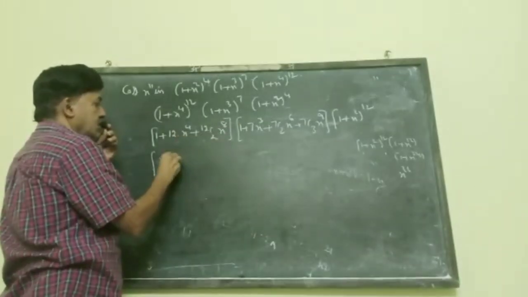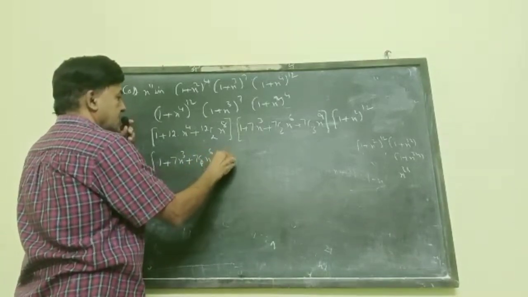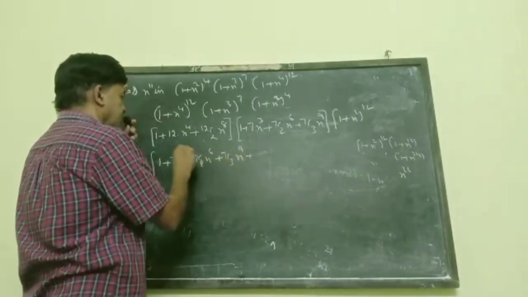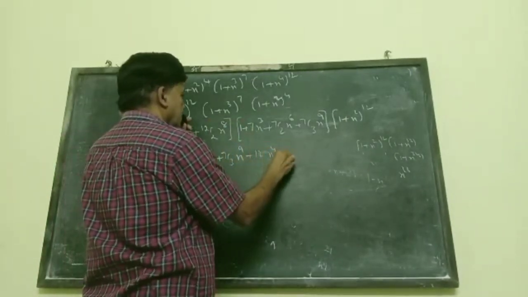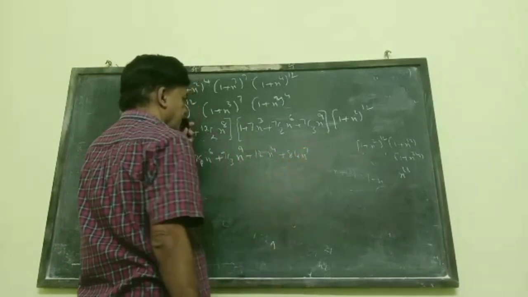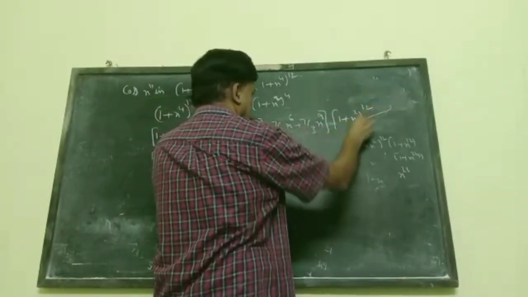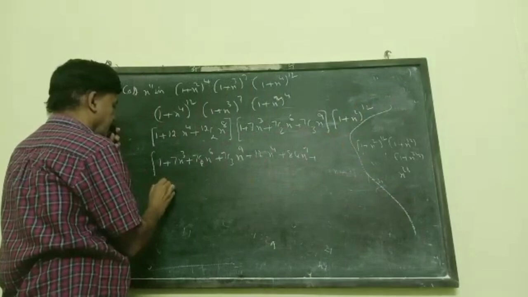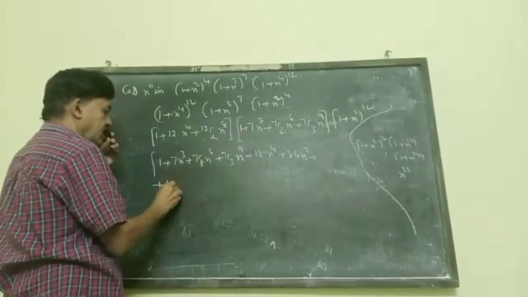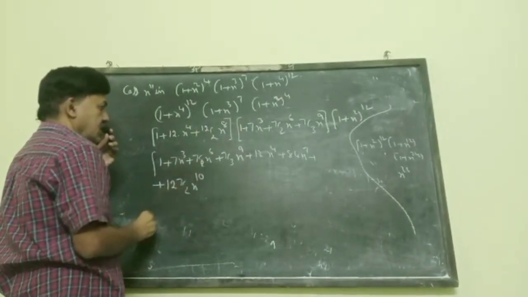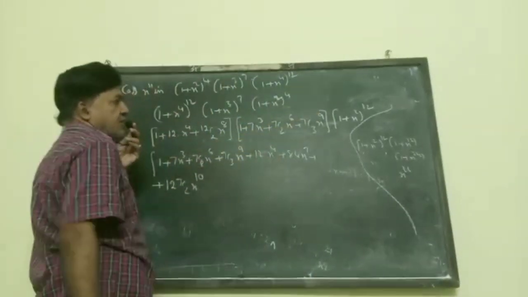1 into (1 + 7x³ + 7C2 x⁶ + 7C3 x⁹), plus 12x⁴, plus 84x⁷, plus 12 into 7C2 x¹⁰. Then x⁴ into x⁹ is x¹³, not necessary.